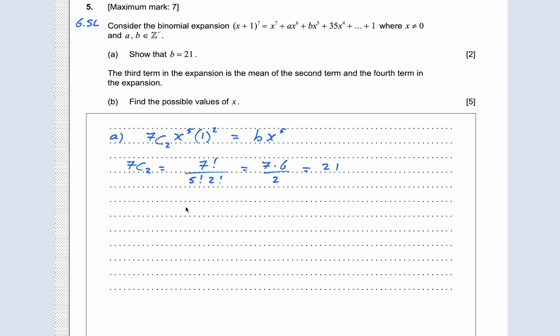Hence, 21 x to the 5 equals bx to the 5. Therefore, b has to equal 21. Okay, that's how he wants you to do it.